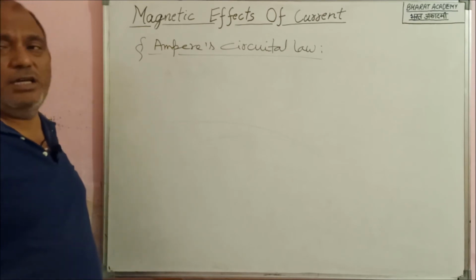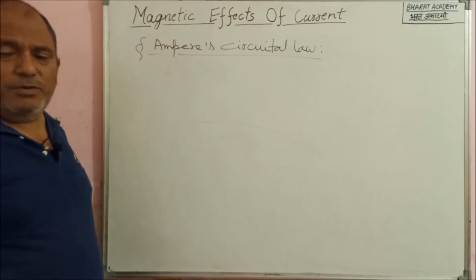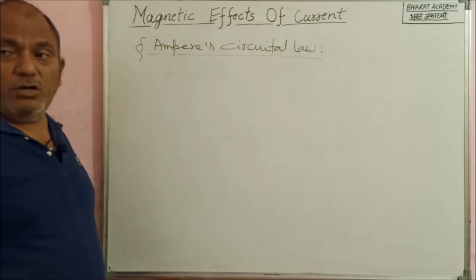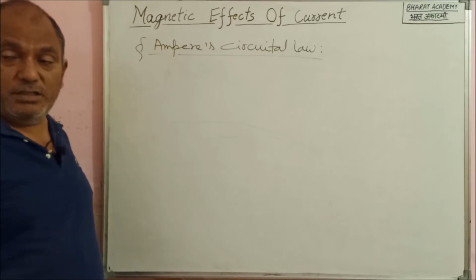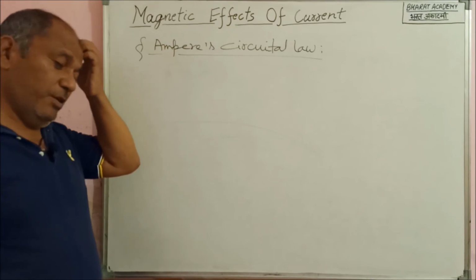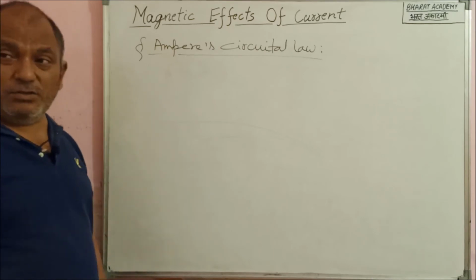Ampere's circuital law. Just like Gauss theorem, where the total normal electric flux passing through a 3-dimensional closed surface is always 1 upon epsilon naught of the total charge enclosed by it.